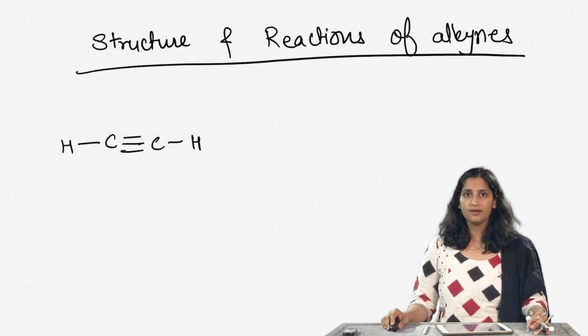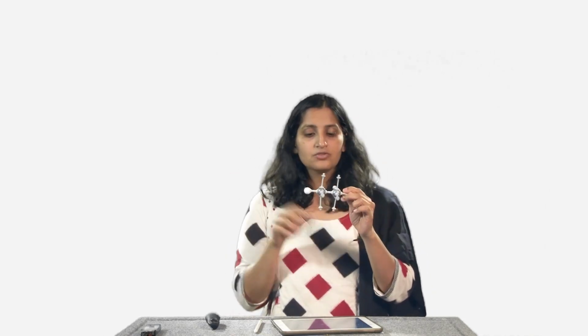Herein I have a model of ethyne, and it is not really a great model, but it is good to give us the idea of what the structure of any alkyne is. So here the middle two balls, in this case the silver ones, are carbon atoms, and as you can see they have sp hybridization.